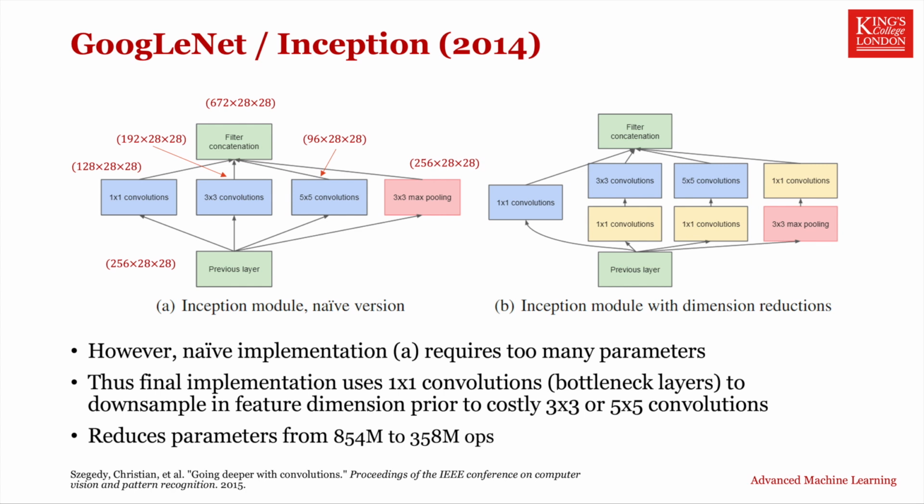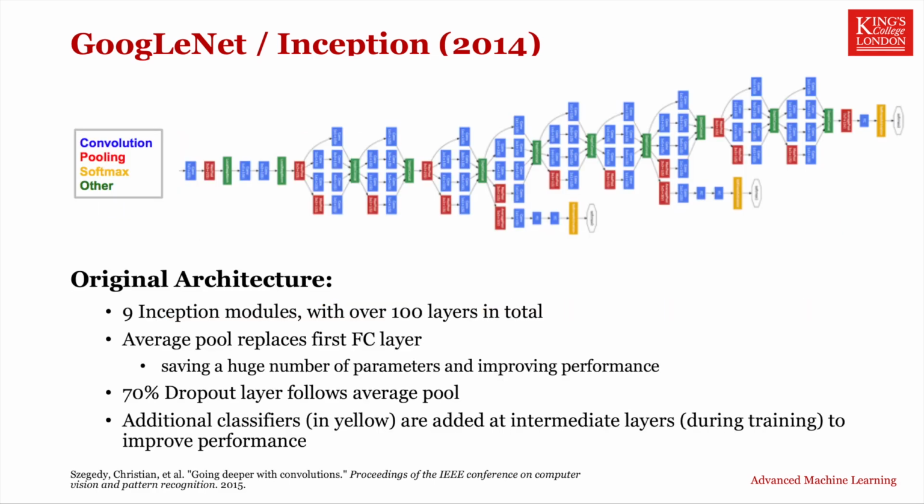In this way, they were able to reduce the required number of parameters for the Inception network from 854 million to 358 million. So the full network for Inception 1 has 9 inception modules stacked one after another with an average pool instead of a fully connected layer directly after the last convolutional layer. They also placed 2 auxiliary classifiers, 1/3 and 2/3 through the network, and this was to counteract vanishing gradients.